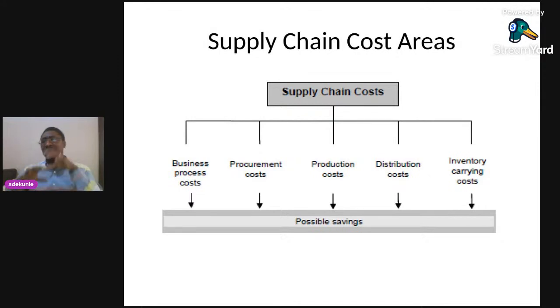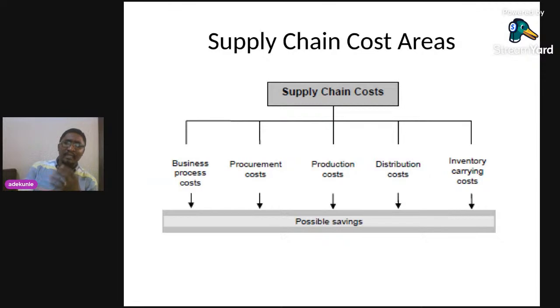And of course, if we start to unwrap the onion of each of these costs, there are different costs. For example, if you look at the inventory carrying cost, there are different costs that come in there, like we mentioned earlier: labor cost, rent cost, insurance cost. Distribution costs involve fleet management and the rest. These are examples of costs, and of course, all those costing areas need to be looked at.